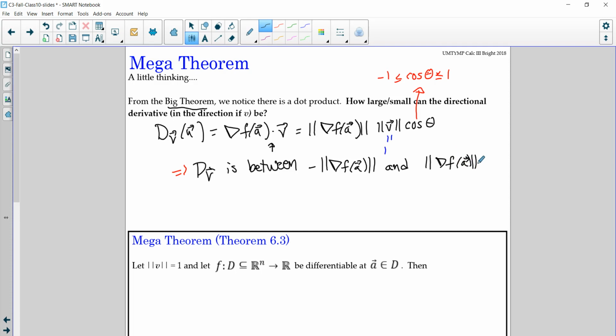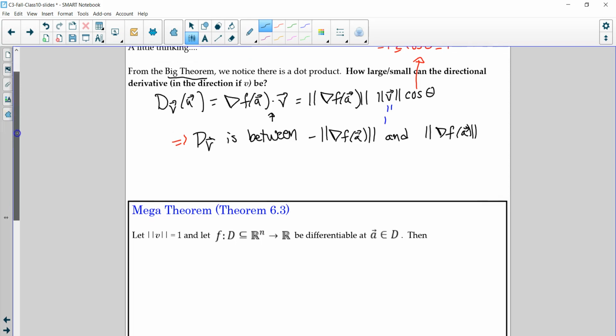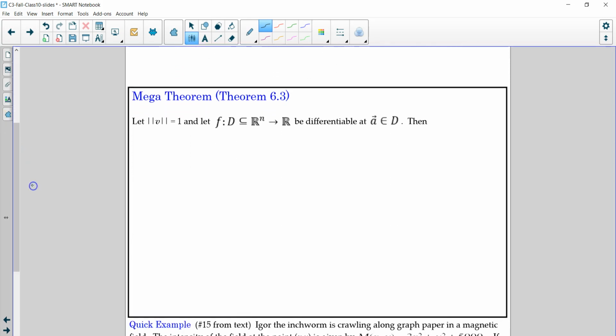Okay? So that's the premise with which we explore the Mega Theorem, which has all these different components of the properties of the directional derivative in there. The magnitude of the unit vector v is 1, and we have to assume that f is differentiable, just as we did in the big theorem.